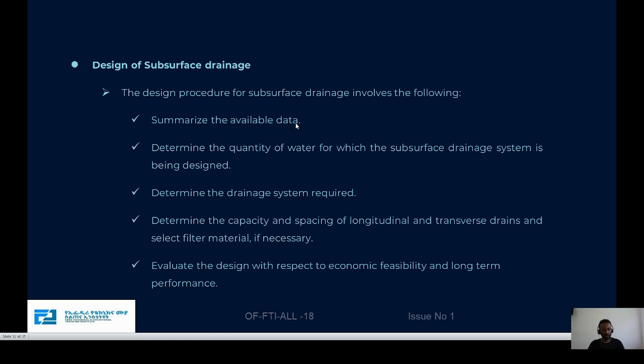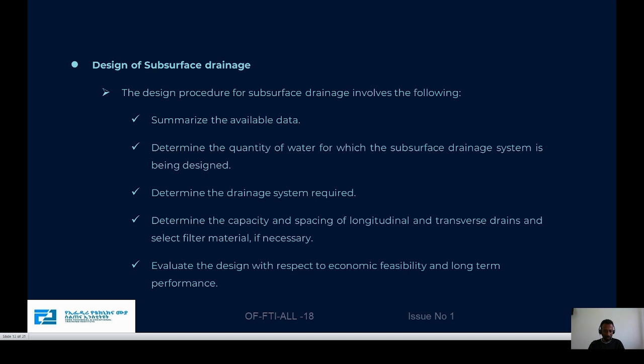The design procedure for subsurface drainage involves the following steps. The first is to summarize the available data related to the subsurface drainage system, and determine the quantity of water for which the subsurface drainage system is being designed.